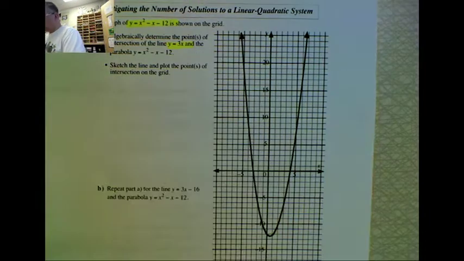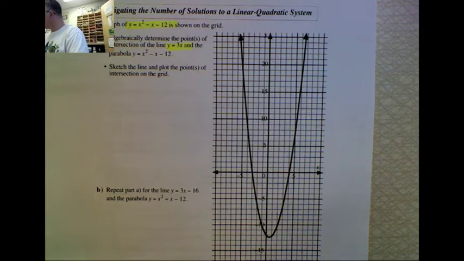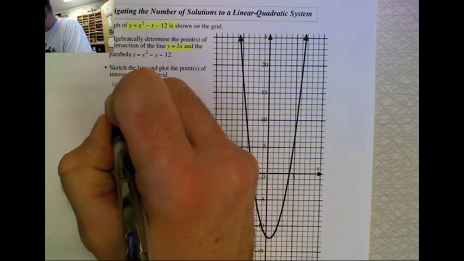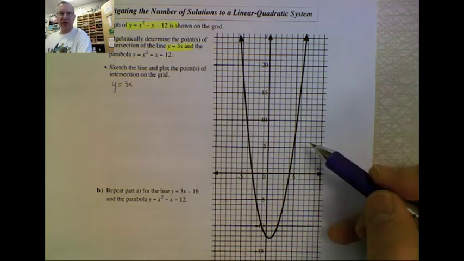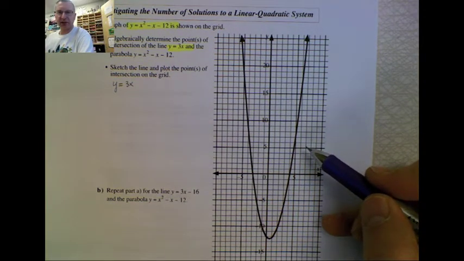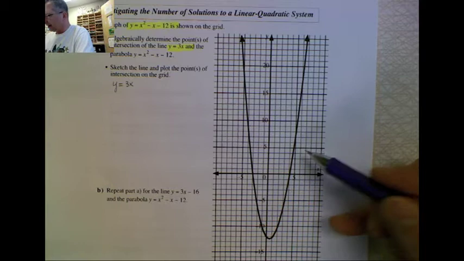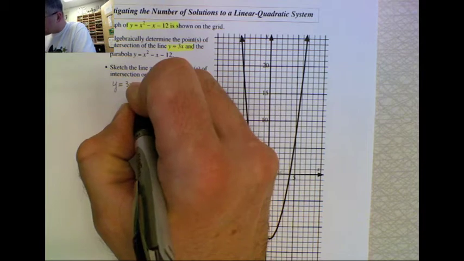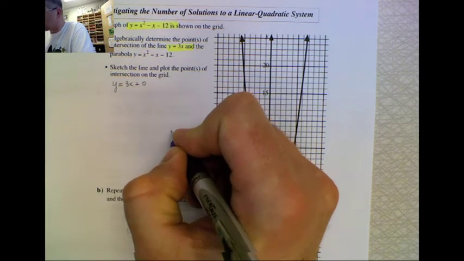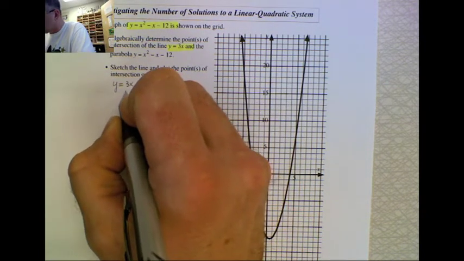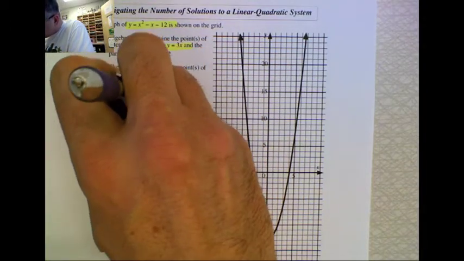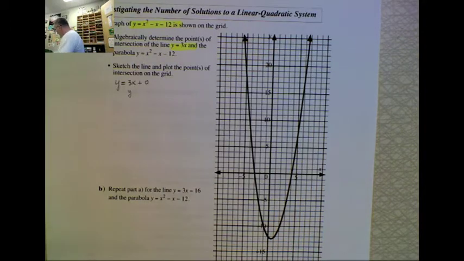So if we take our y equals 3x, and we're going to graph y equals 3x in this particular situation, I can do that really quickly by saying that this is y equals 3x plus 0, because they don't have any value here. Now, this is actually in the format y equals mx plus b.